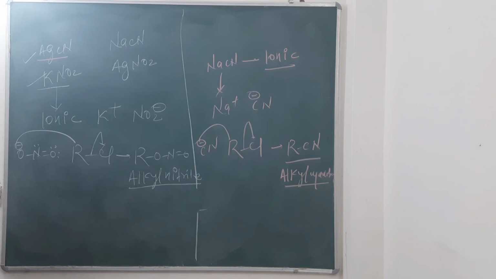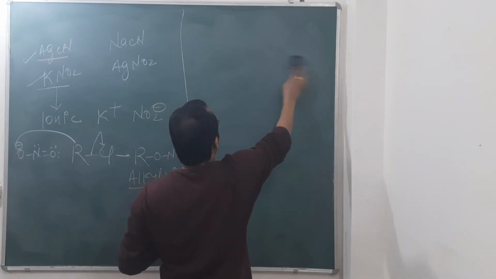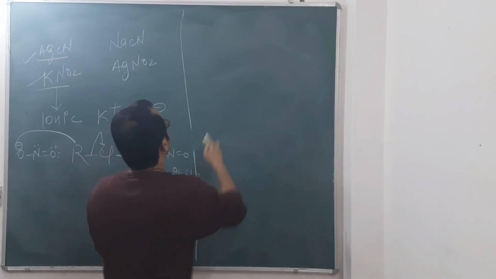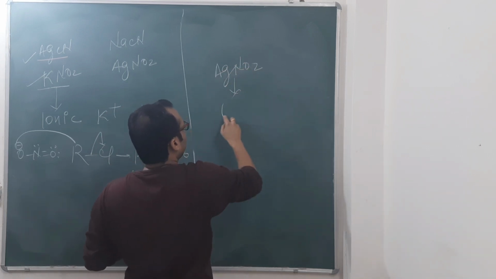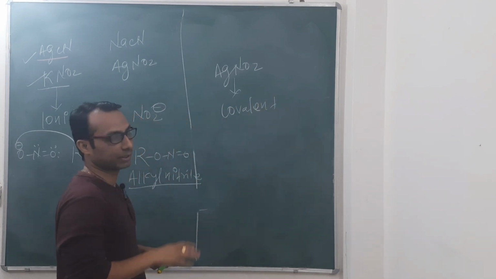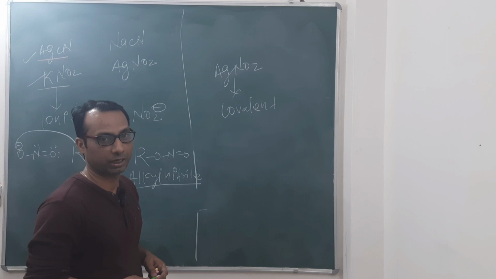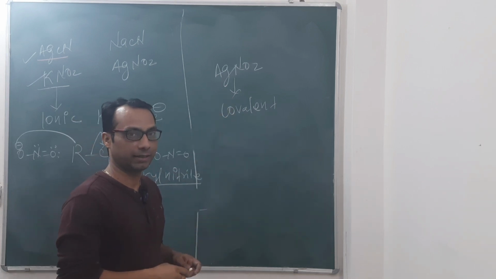Correct? On the other hand, when we take AgNO2, what will happen? The same logic we will apply. AgNO2 is what? Covalent. So it means there is no ionization and no dissociation will happen. So the nitrogen, which has a lone pair of electrons, attacks on the alkyl halide.